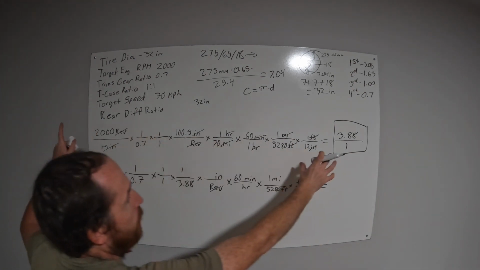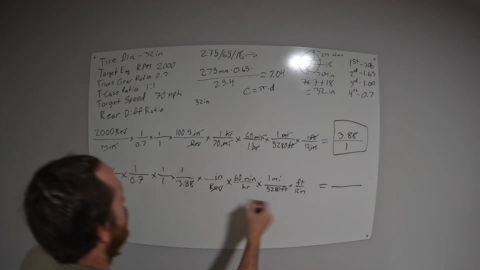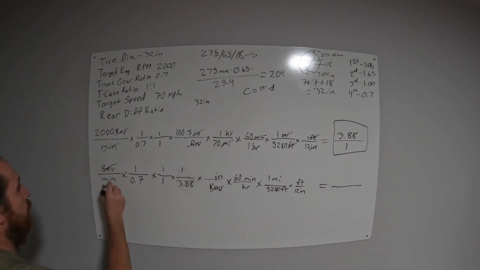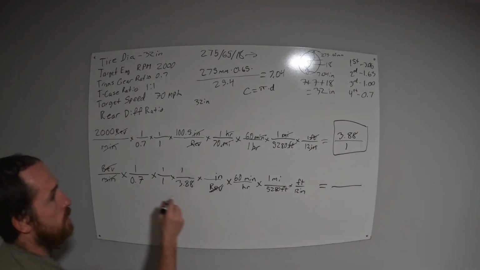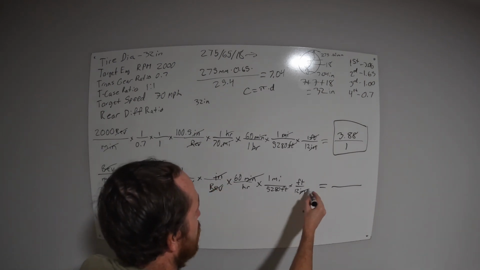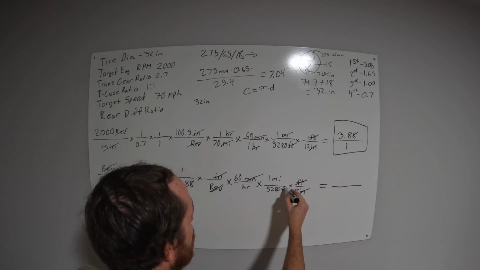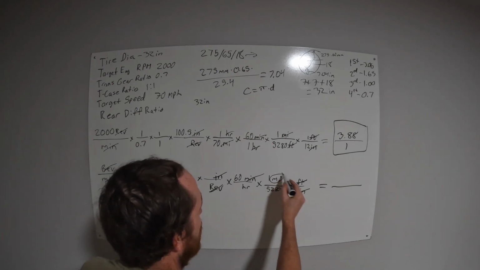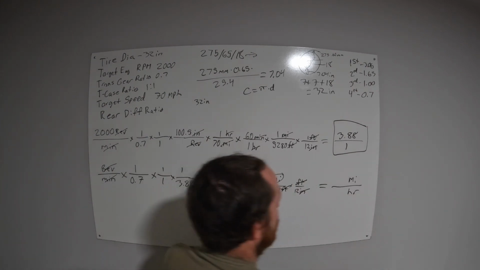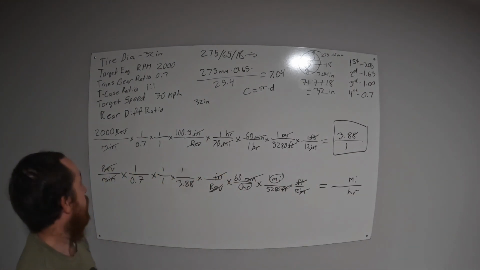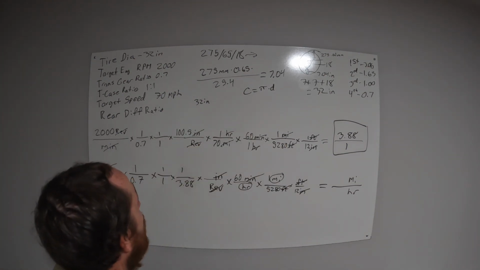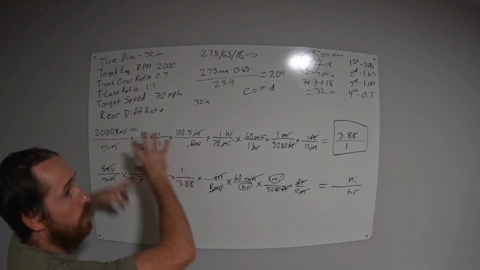Now we just moved it all over here. Let's see what our units come out to be. Revolutions, revolutions. Minutes, minutes. Inches, inches. Feet, feet. Look, we have miles per hour left over. So you can put your numbers in here, your tire size, everything else, and work this out. You can also figure out your gear ratio. You can move it around and solve it.